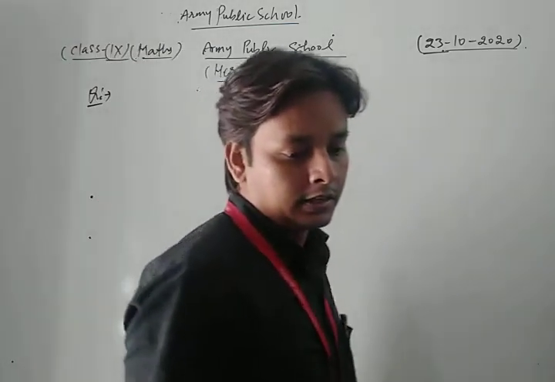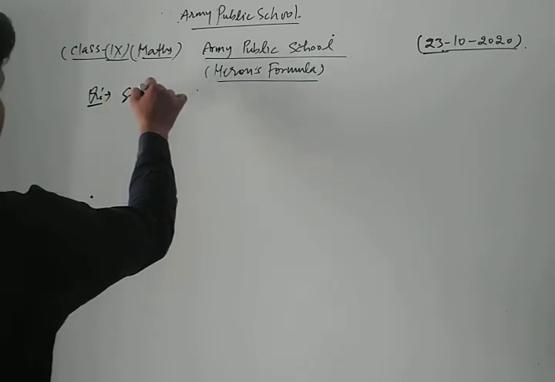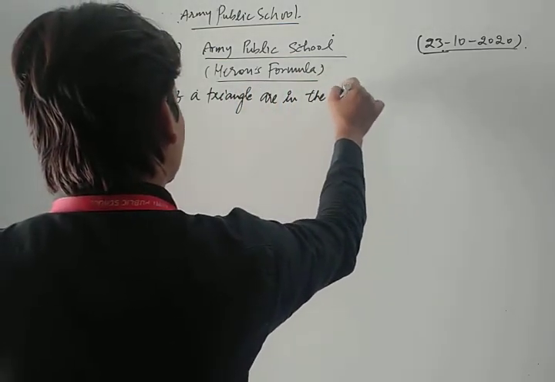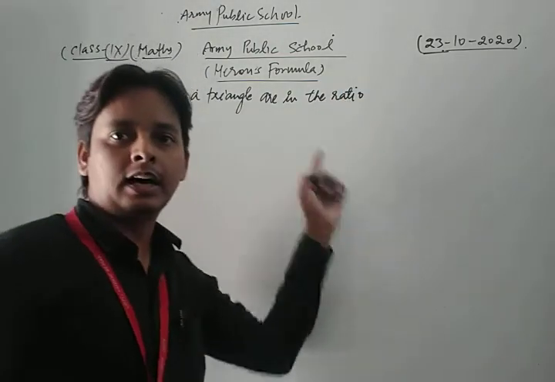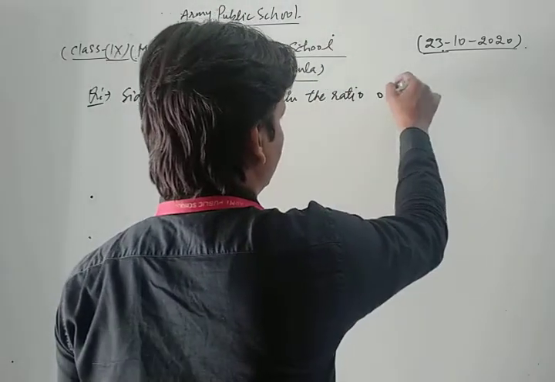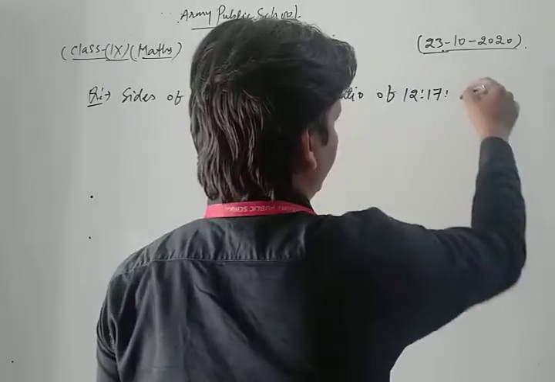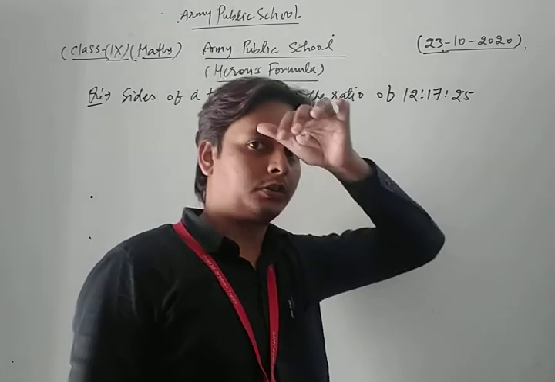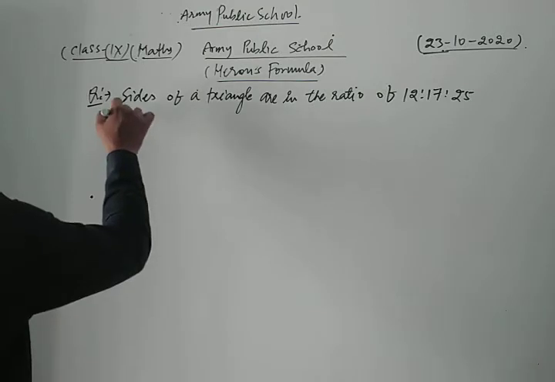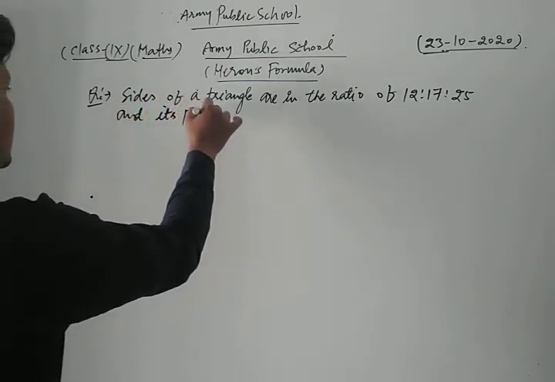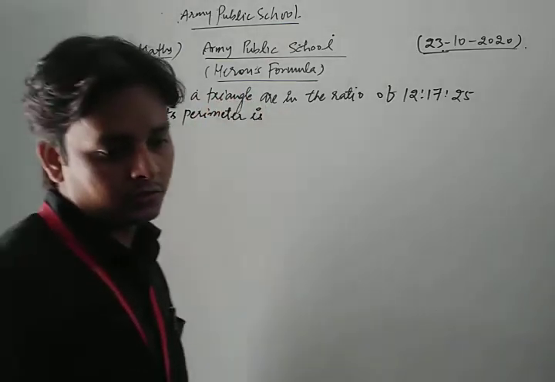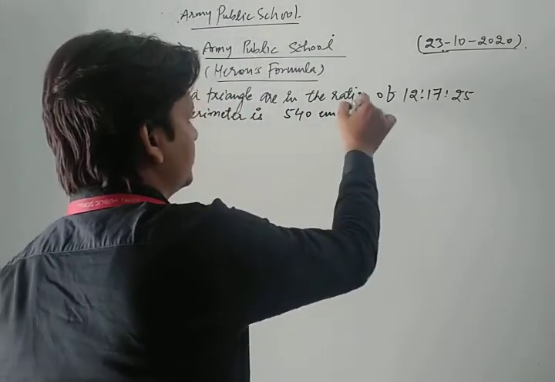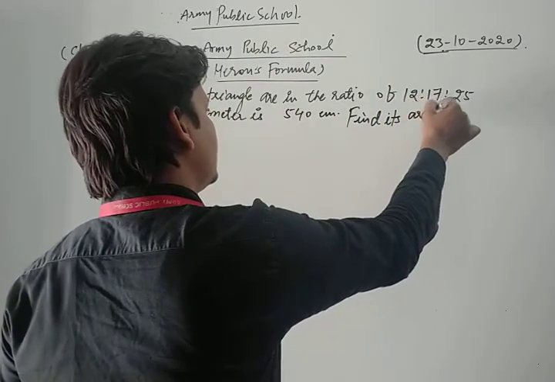The question is: the sides of a triangle are in the ratio of 12 to 17 to 25, and its perimeter is 540 centimeter. Find its area. Let's see its solution.